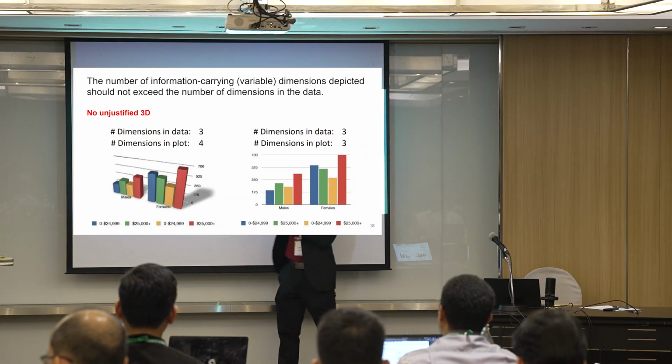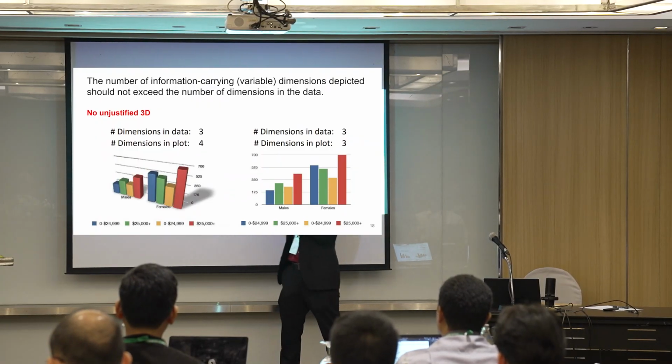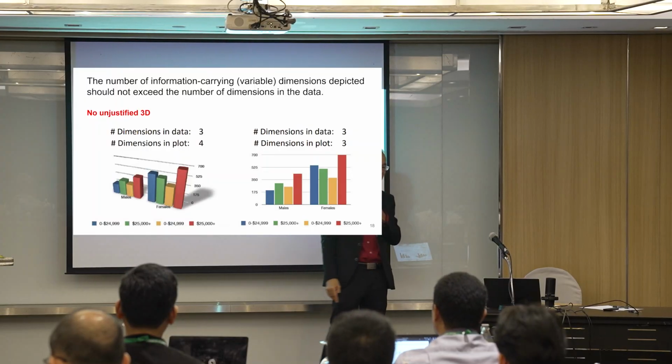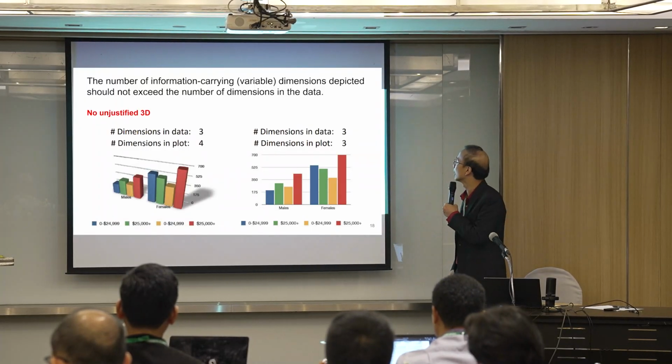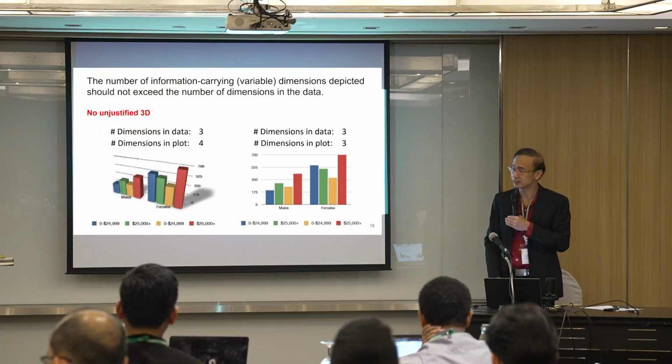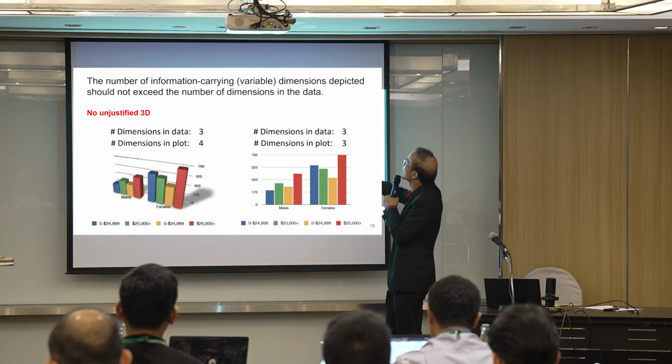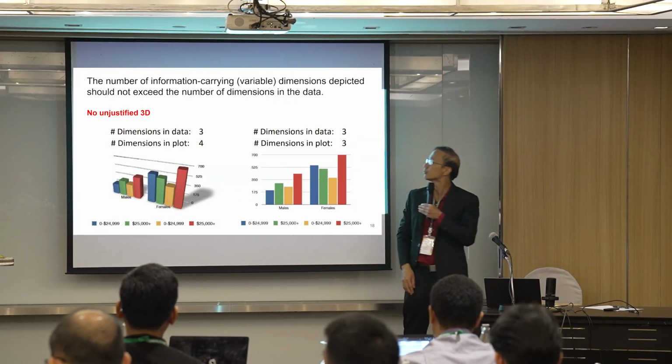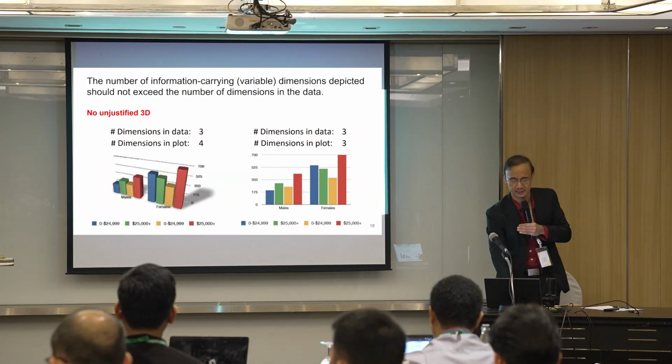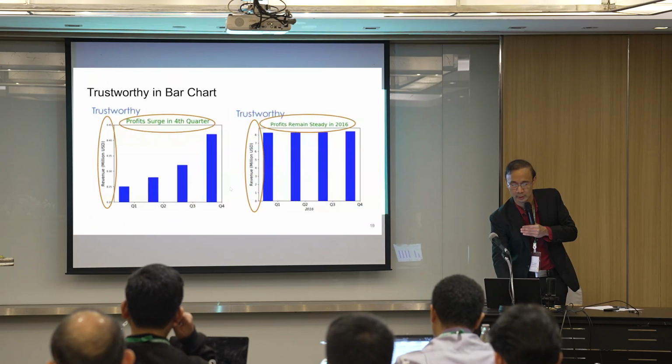Otherwise, it's quite difficult to differentiate. That's one of the guidelines: the number of information-carrying variables should not exceed the number of dimensions, okay? That's some of the issues, okay?